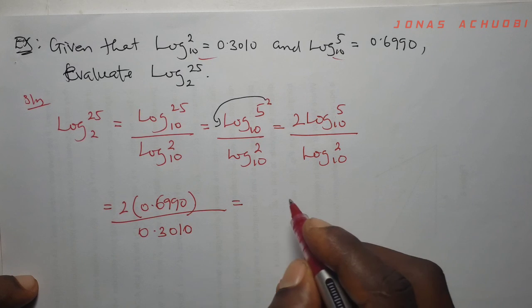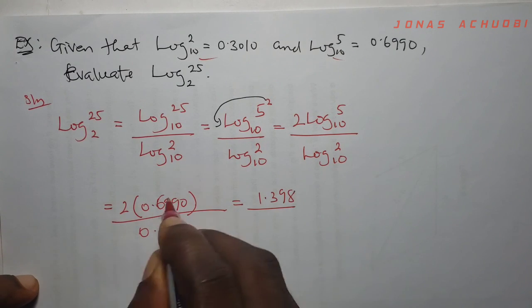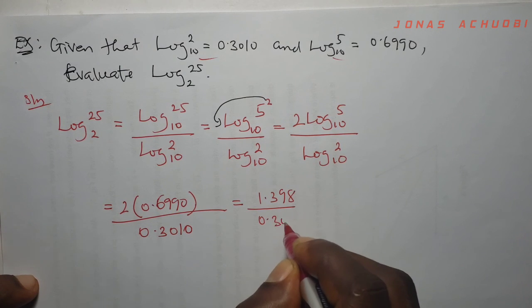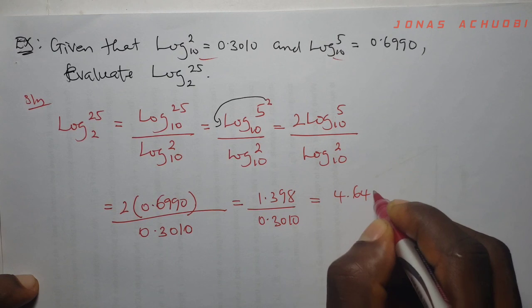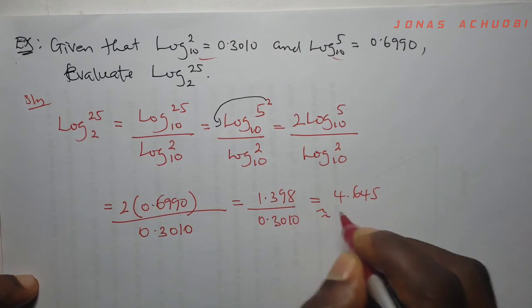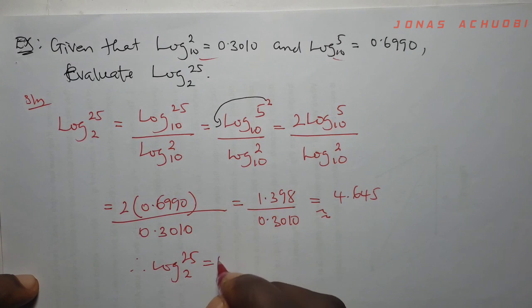If I multiply out, I'm going to have 1.398, that is 2 times this, divided by 0.3010. So this gives us 4.645 approximately. Therefore, the logarithm of 25 in base 2 is equal to 4.645.